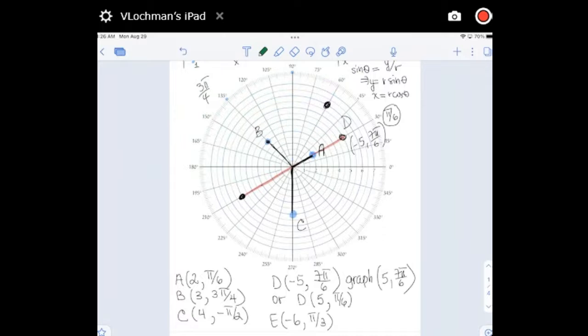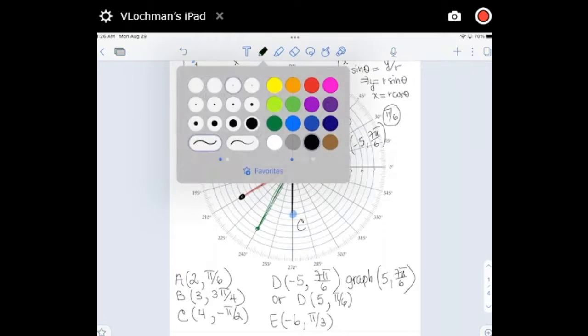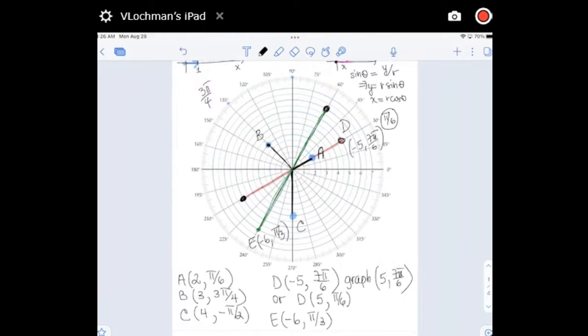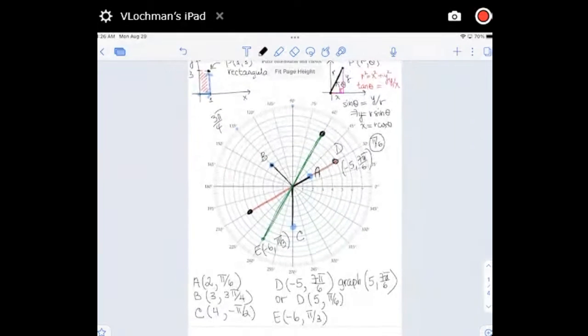And now I'm going to go across through the origin, and keep going through here. So that is my point E with coordinates negative 6, pi over 3. All right, so this is how we would graph points in a polar plane.